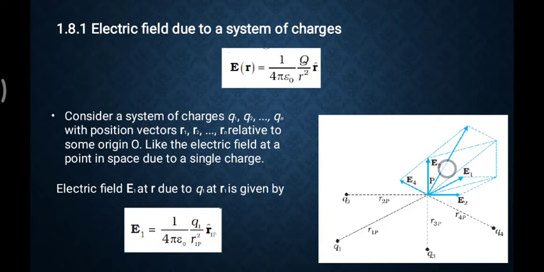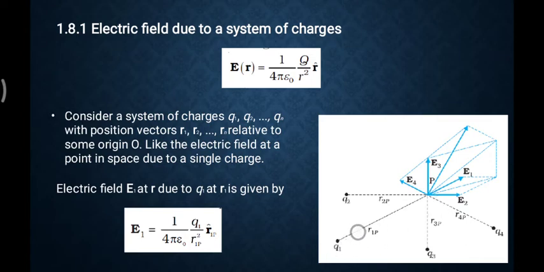As we know, the fundamental electric field expression is E equals 1 upon 4 pi epsilon 0, q upon r square, into r cap, the particular direction. Consider a system of charges consisting of q1, q2, q3 up to qn with position vectors r1, r2, r3 up to rn. Here you can see q1, q2, q3, q4, and this is our reference point, from where you can make measurements. If we suppose all are positively charged, they have outward radial electric field vectors.